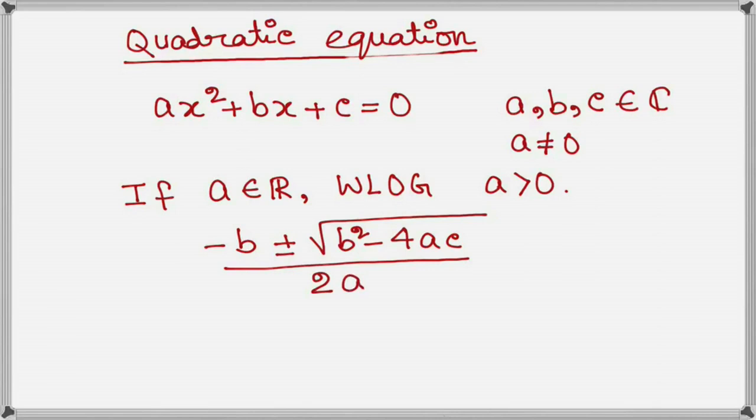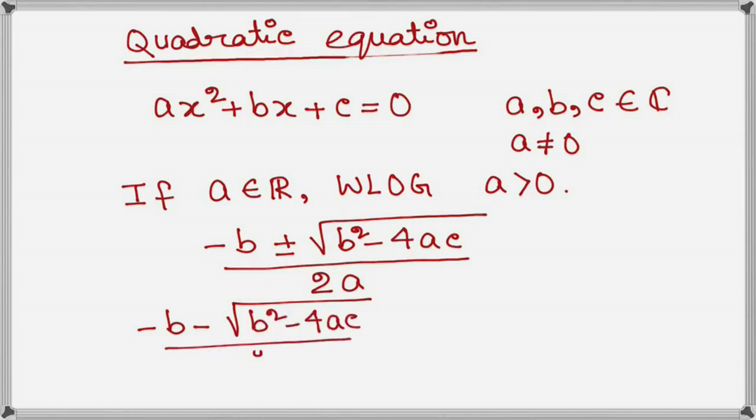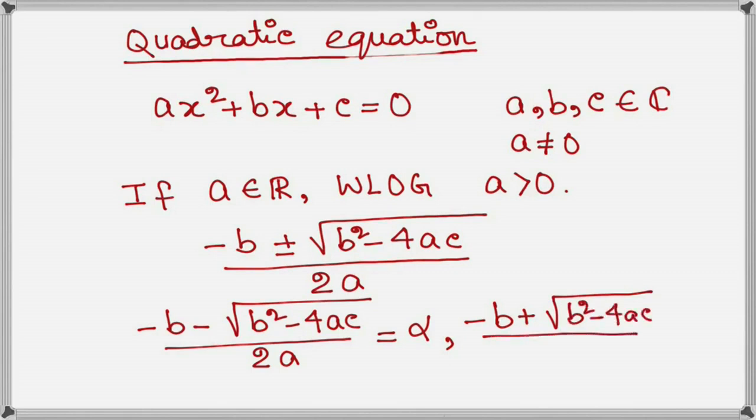And I will give a brief hint how to derive that this equation has these two solutions. Let us call (−b − √(b² − 4ac))/2a as alpha, and (−b + √(b² − 4ac))/2a as beta.